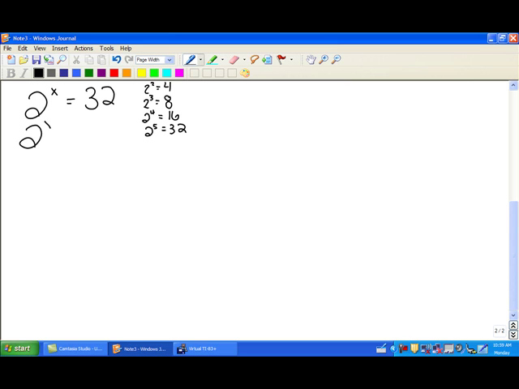So we can rewrite this as 2 to the x is equal to 2 to the fifth, and we get to use that property that says if u to the x is equal to u to the y, then x equals y. That says the exponents are now set equal to each other, and x has to equal 5.